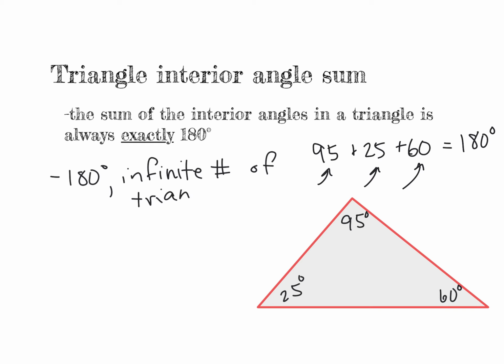Now you might ask, well, how could I possibly create an infinite number of triangles? And that goes back to our recent work with similar figures. We could always make this triangle similar but larger or smaller because that wouldn't change the actual angle measures. So again, if the angle sum is 180 degrees, then you could create an infinite number of triangles.